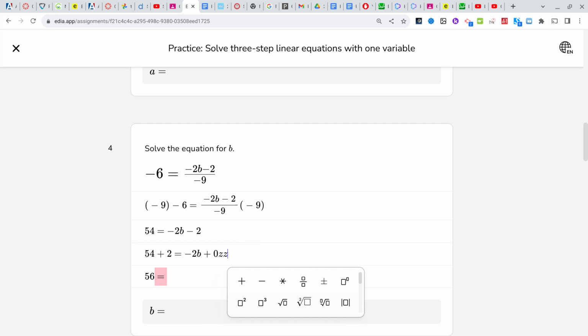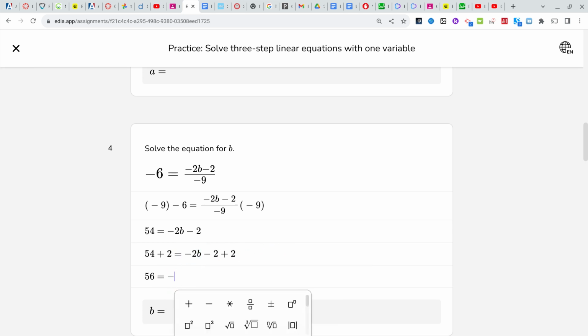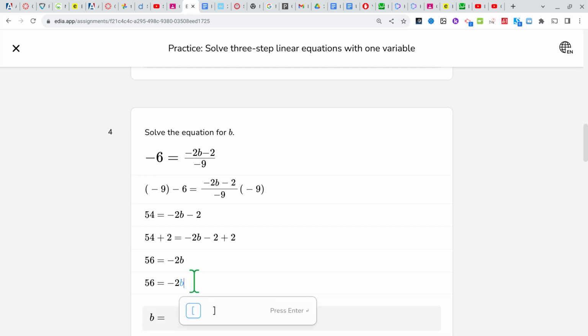You don't have to put 0. Negative 2 plus 2 turns into 0, so this stays the same. I'm going to copy and paste, Control V.